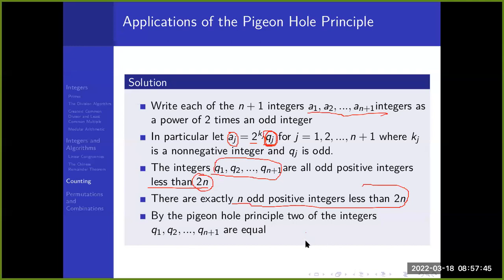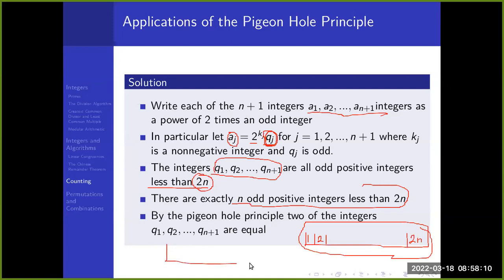So if you have a list of 2n integers, so this is 1, 2, keeps going on up to 2n, the number of odd integers in this list can only be half of this, right? So the number of distinct odd integers here can only be n.